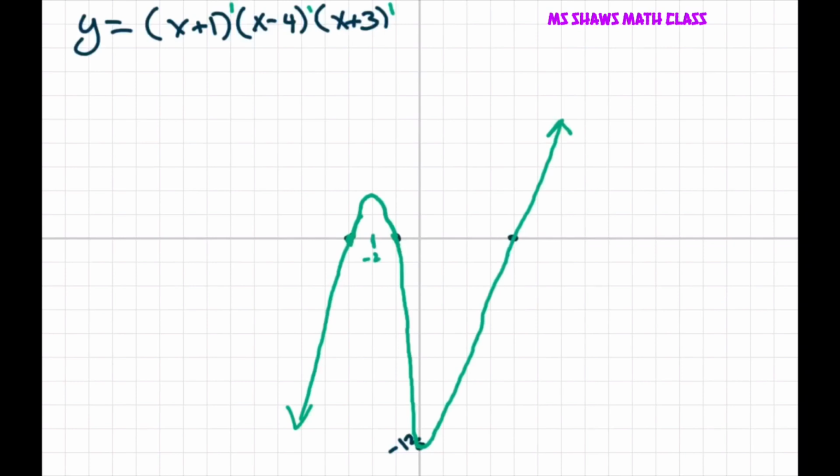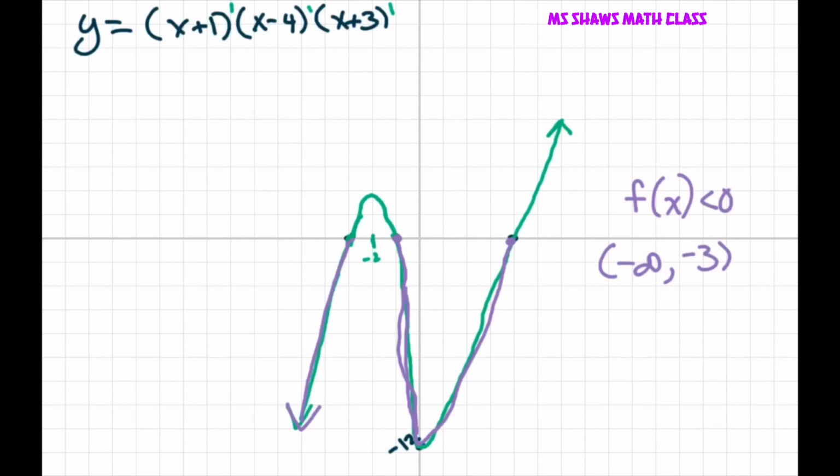And let's look and see where our y is negative, the intervals. It's negative right up to here, and right in here. That's going to be from negative infinity to negative 3, and then right here from negative 1 to 4.